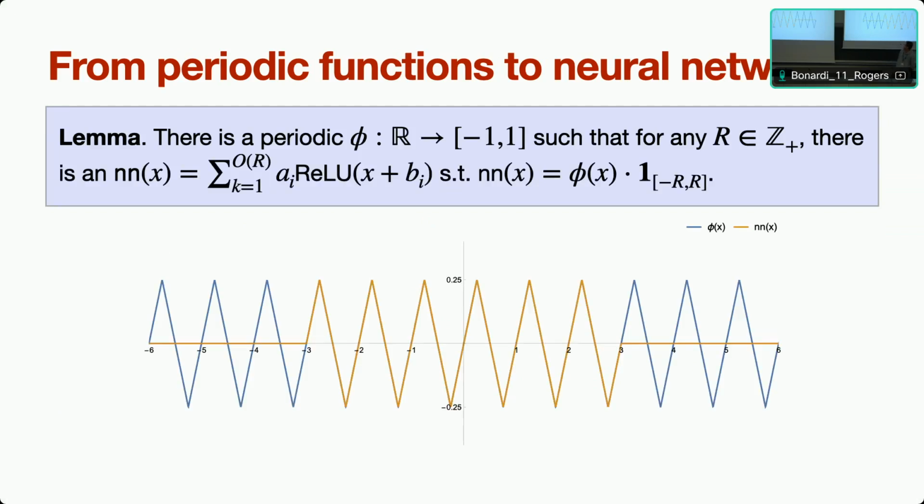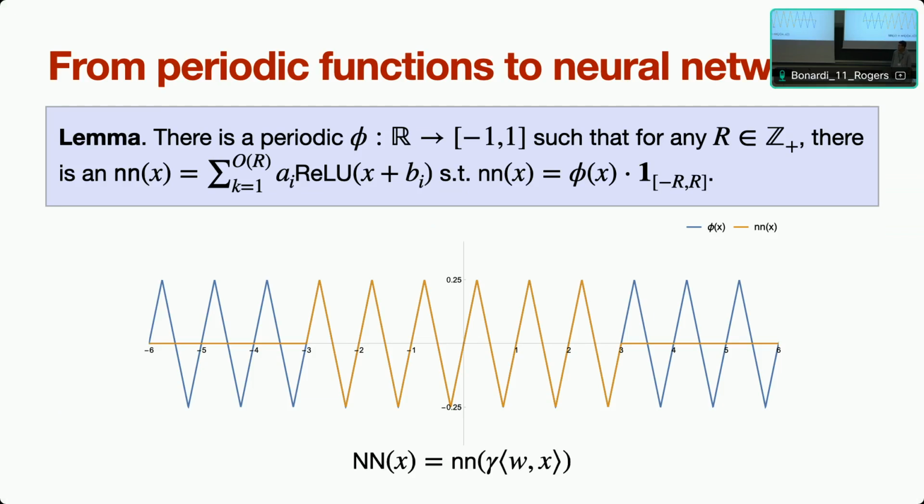The blue line is the periodic function, like this sawtooth-shaped graph, and the yellow line is the neural network we constructed. You can see that these two functions coincide over a bounded interval. If you can see clearly, it's -3 to 3. And of course, this is a one-dimensional construction.